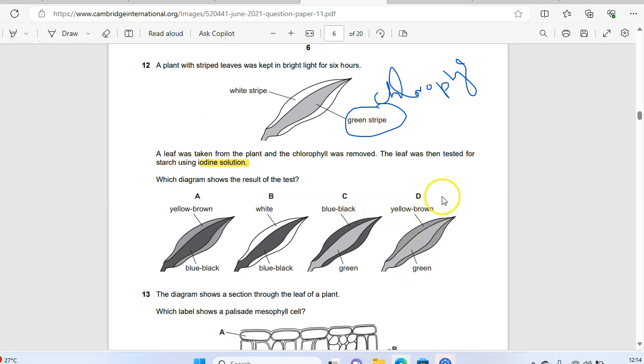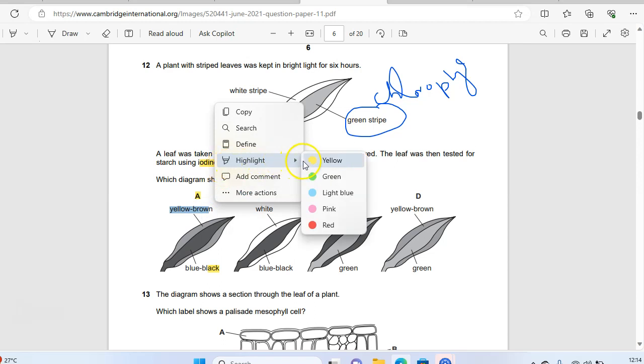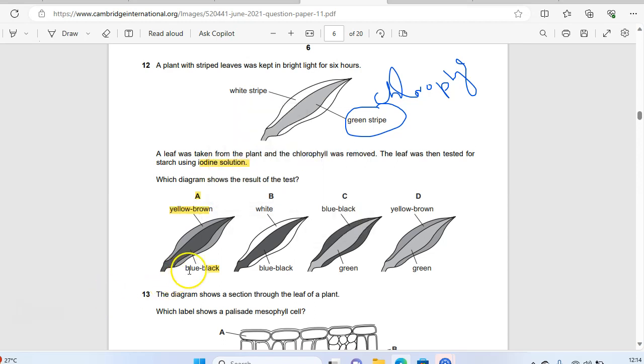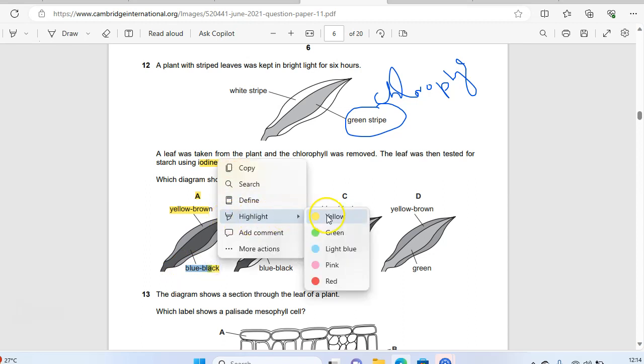Yellow-brown is the condition which should be at this white stripe. So your answer will be A. A is the right answer. Yellow-brown at the white stripe because of the iodine solution color, and blue-black is the positive result of iodine solution.